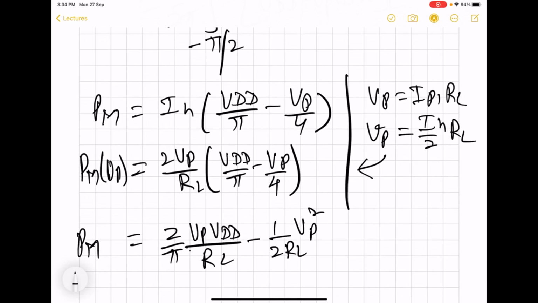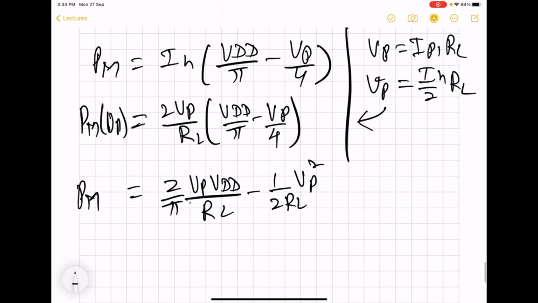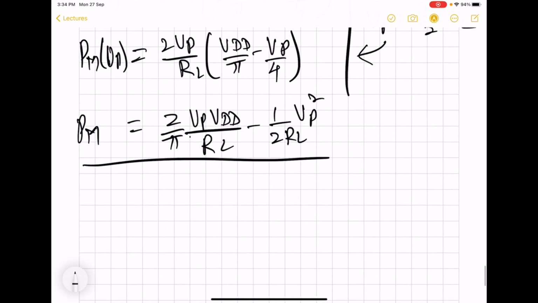The power consumed by MOS depends upon the amplitude of the output voltage. So now one would like to know what is the maximum power that is consumed by the MOS.